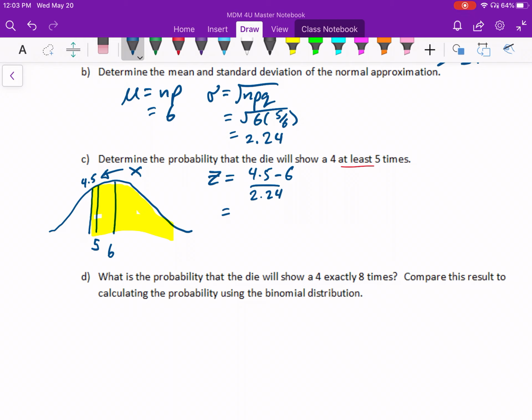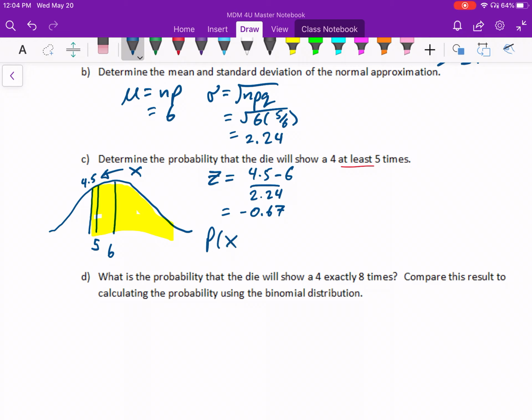That works out to be 1.11. Sorry, I had it worked out ahead of time and looked at the wrong number. That works out to be negative 0.67. From our z-score table, we can find the probability.